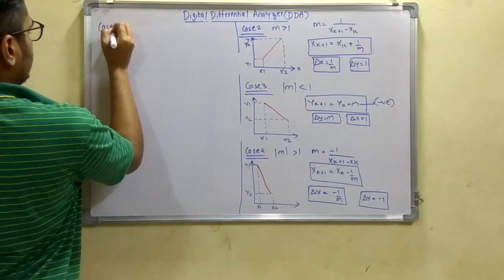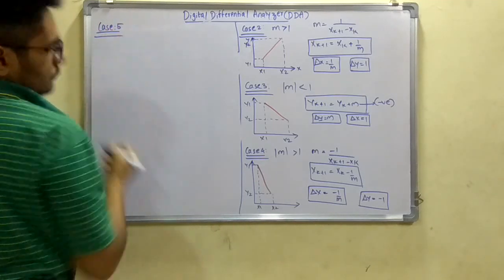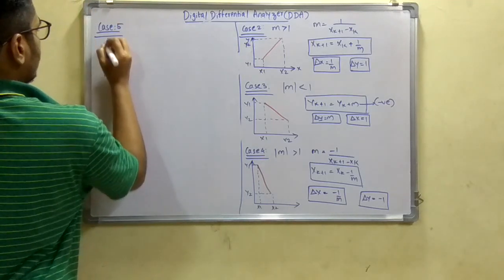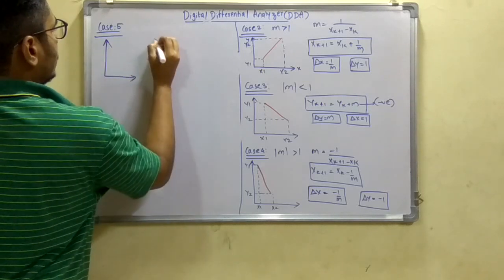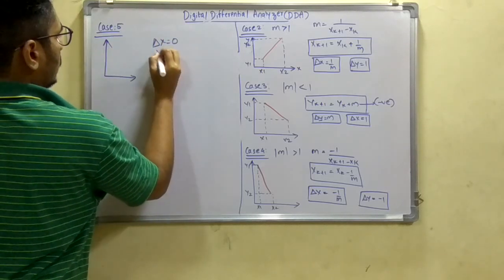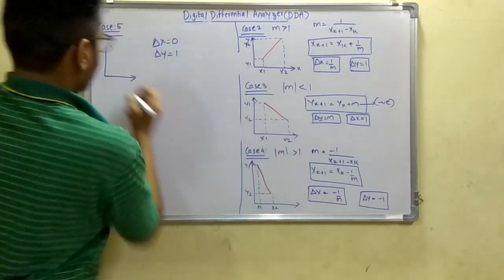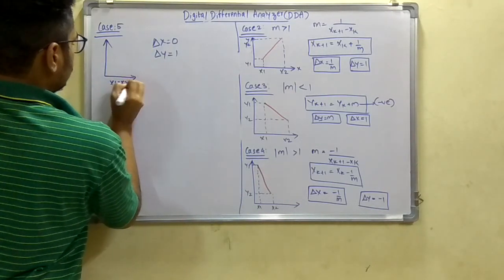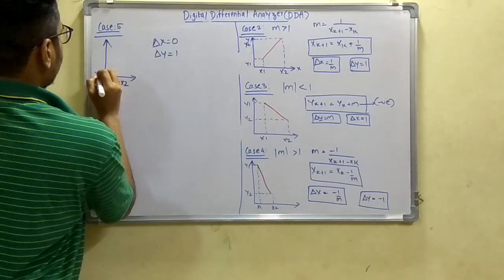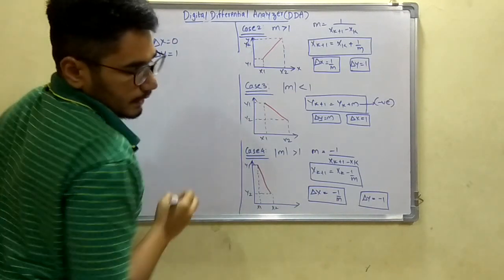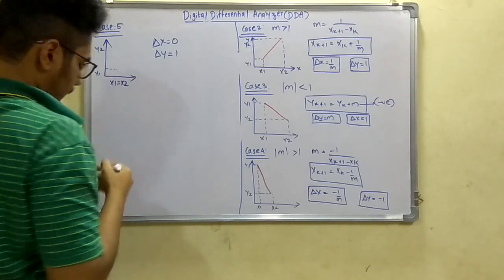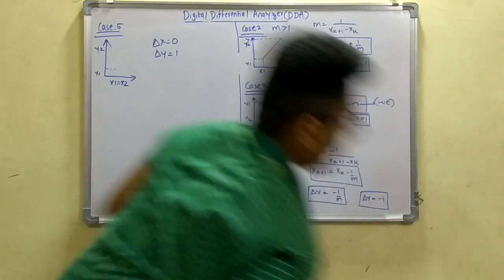That is, we have case number 5. In this case number 5, you get delta x as 0 and delta y is equal to 1. So in this we have x1 is equal to x2, so both remain the same, and we have y1 and y2, and we join this and we get a line here.